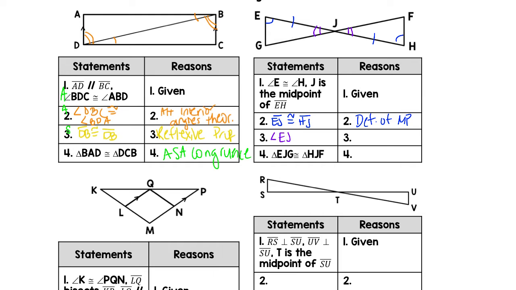Angle EJG is congruent to angle HJF because of the vertical angles theorem. And finally, we can say that triangle EJG is congruent to triangle HJF. Let's see how. We've got an angle here, sides congruent here, and angles there, and it's because of angle, side, angle congruence.